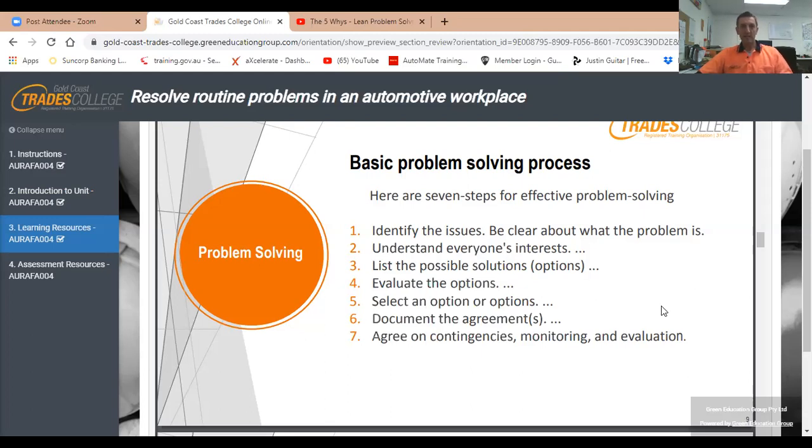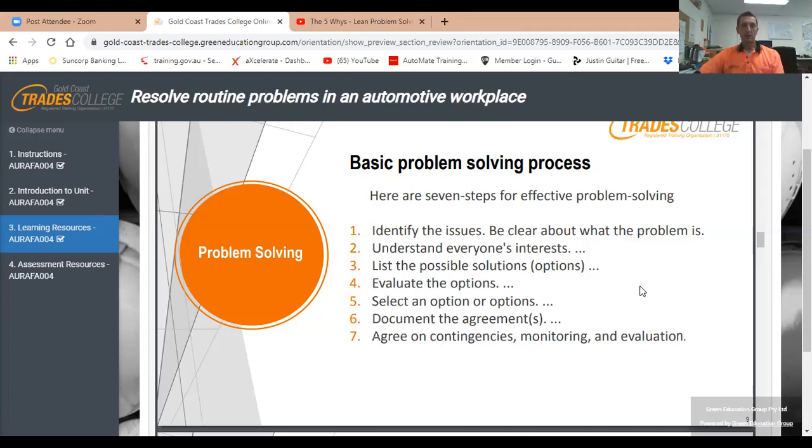So understand how everyone can be impacted and what their own interests are by that particular problem. We might need to list some possible solutions or options to resolve the problem. We might have to consider and evaluate those options. We might have to, out of a bunch of different options, select the very best option.